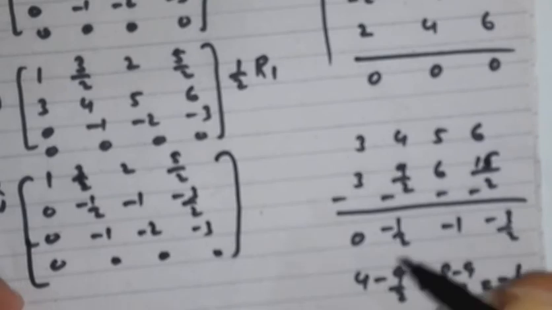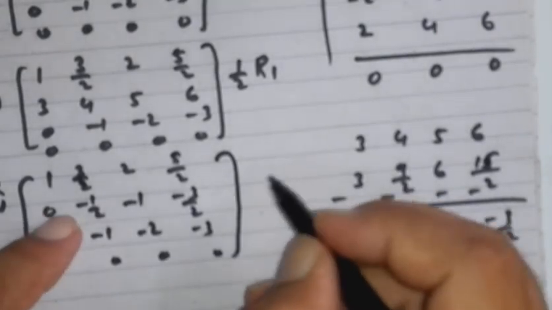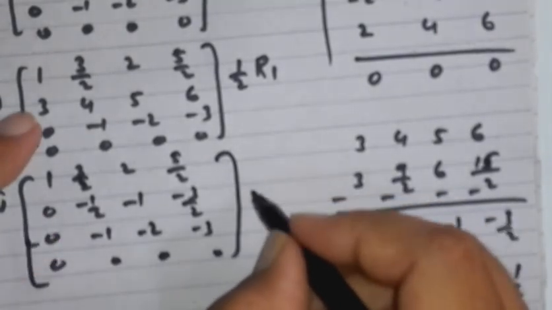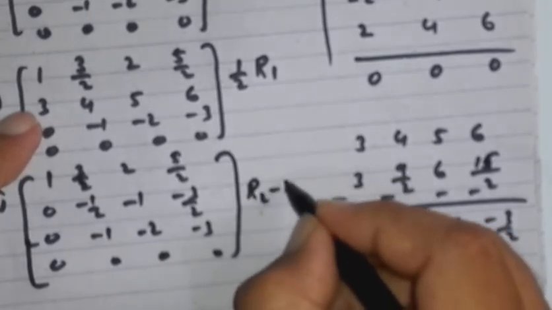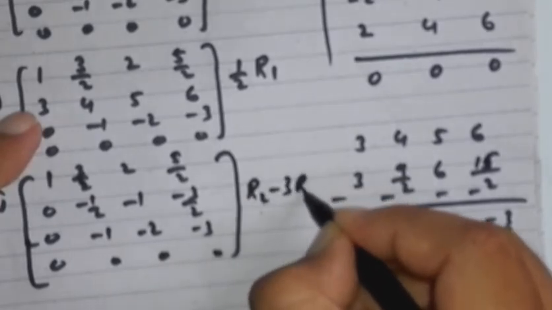How do we get this? By R2 minus 3 times R1.